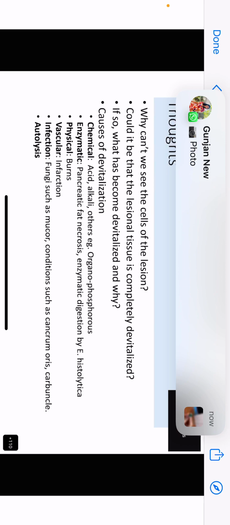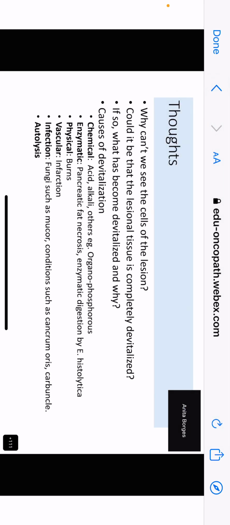Chemical can be acid, alkali, organophosphorus, whatever. Enzymatic, you can get this sort of thing in pancreatic fat necrosis, enzymatic digestion by E histolytica. Burns: you know that the thing becomes completely devitalized. So that's physical.